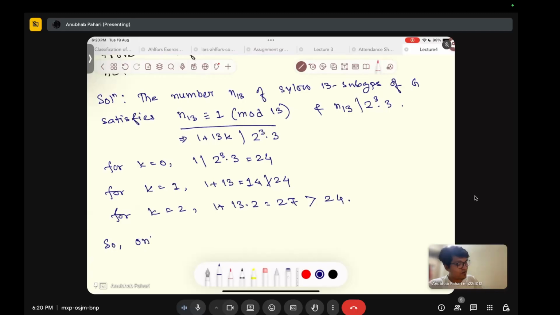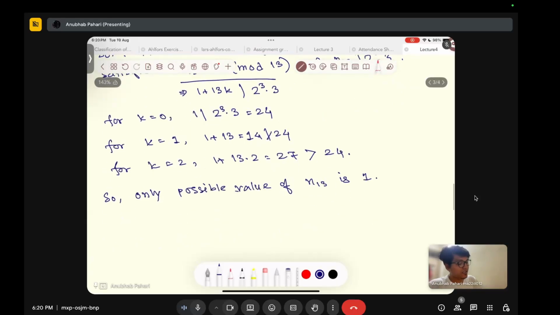So the only possible value of n13 is 1. That means the Sylow 13 subgroup is unique.